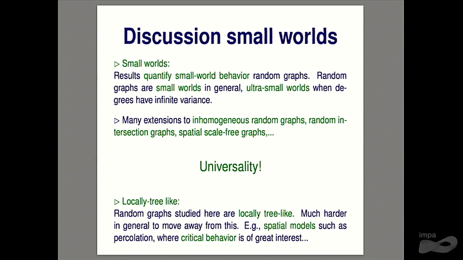And it's not at all clear whether all the properties that I've been describing so far persist beyond the locally tree-like setting. For example, in all of these models you have an infinite-mean branching process approximation, and then you get log-log distances.